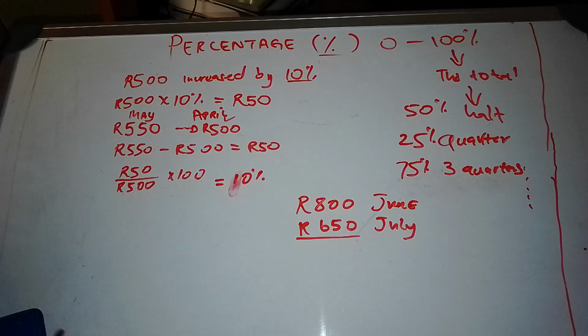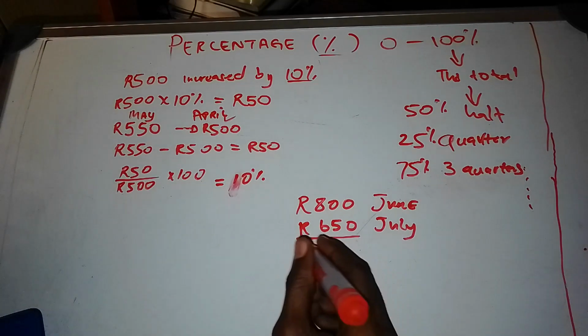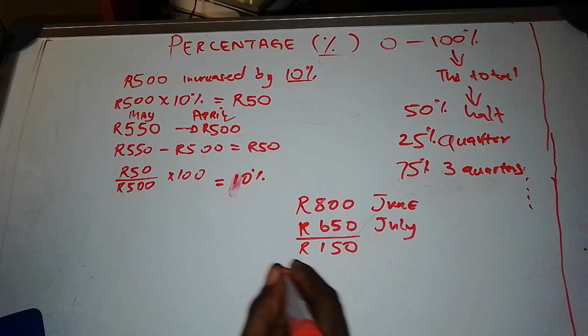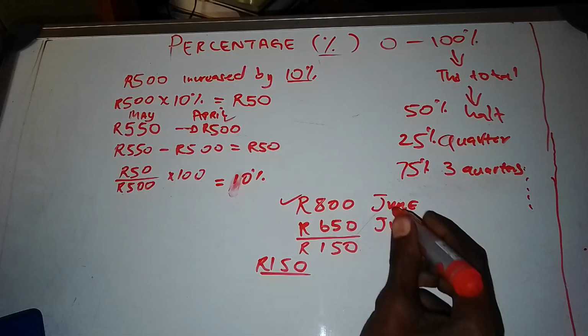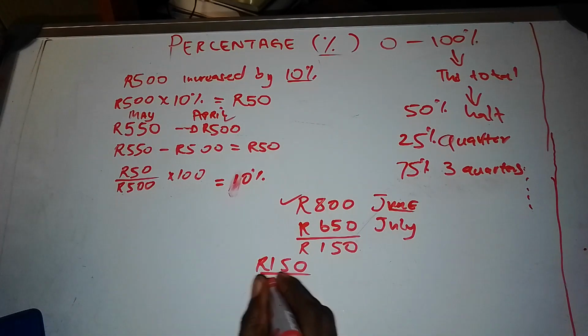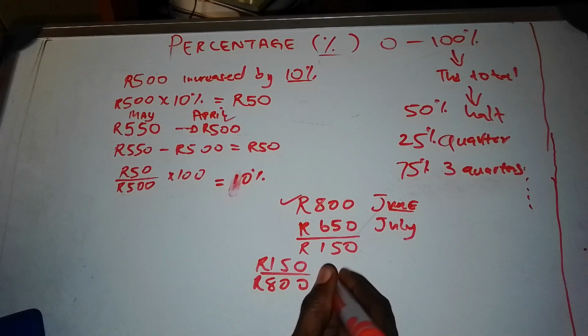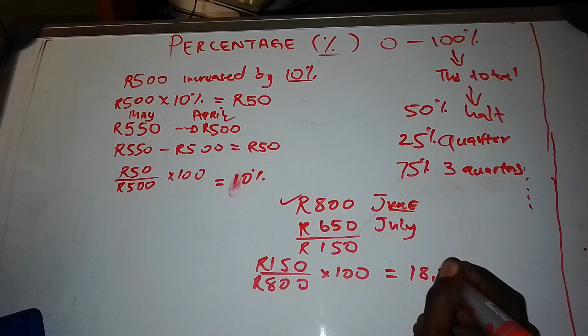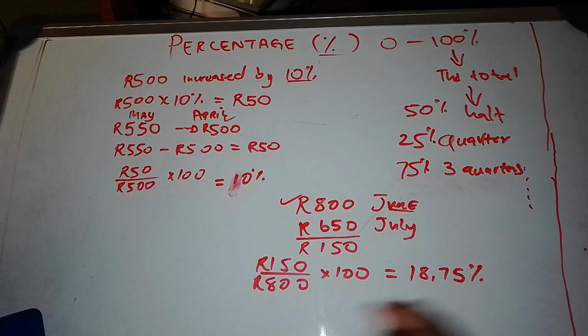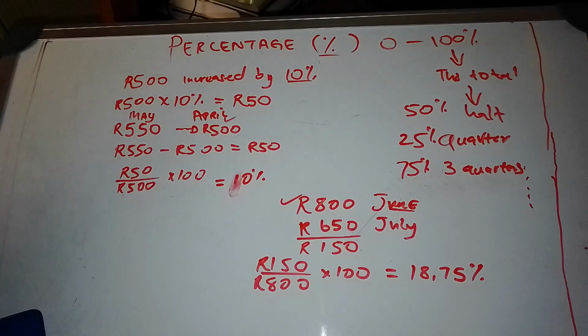Firstly, you will work out the difference, right? 800 minus 650 gives you 150. And then you take 150, you divide by the original price, 800 rands, and then you say times 100. So it will give you the percentage, which in this case is 18.75%, rounding off to 2 decimal places.